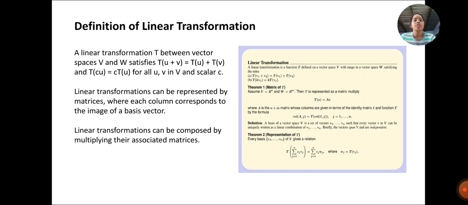Linear transformations can be represented by matrices, where each column corresponds to the image of a basis vector. Linear transformations can be composed by multiplying their associated matrices.